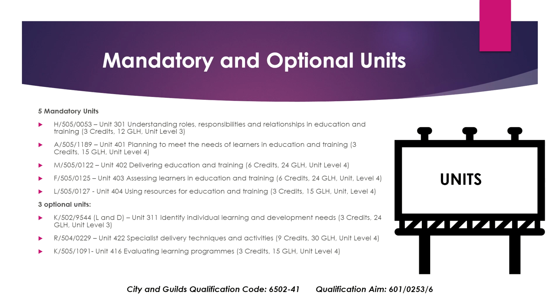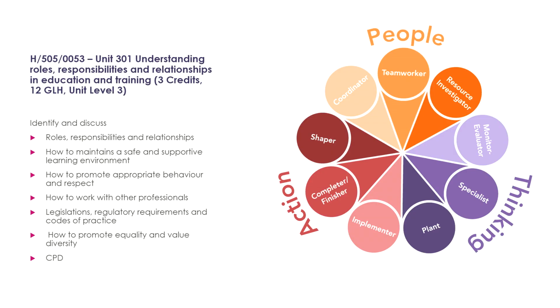Now, the first unit is 301, and it's to do with understanding roles, responsibilities and relationships in education and training. In this unit, which will be starting in our main session, session 1 or session 2, we will identify and discuss the roles, responsibilities, and relationships within education and training.